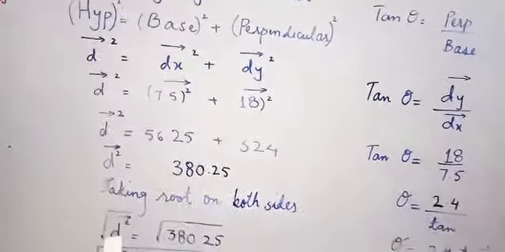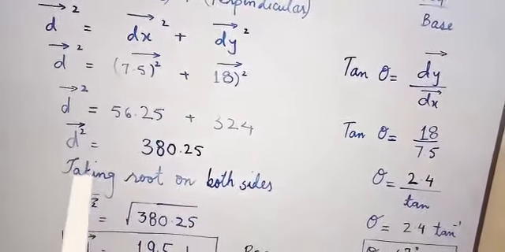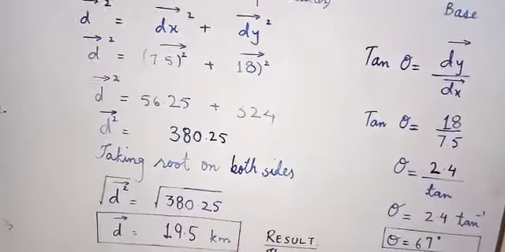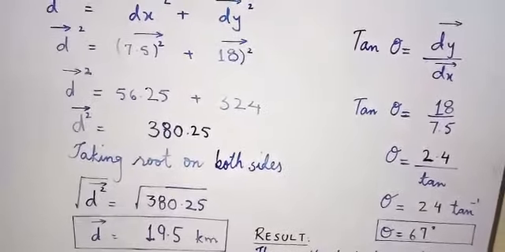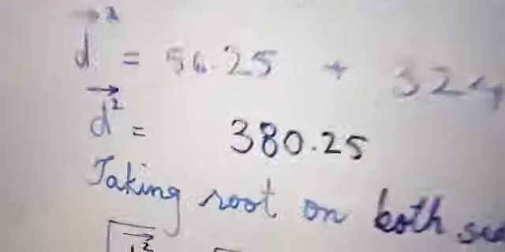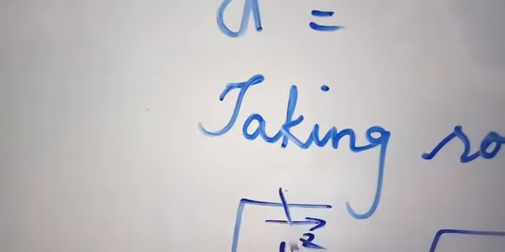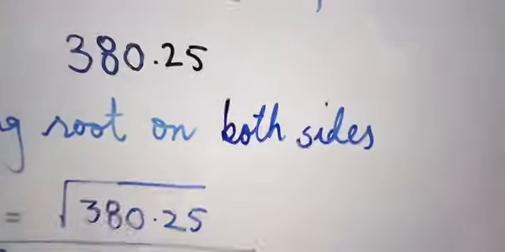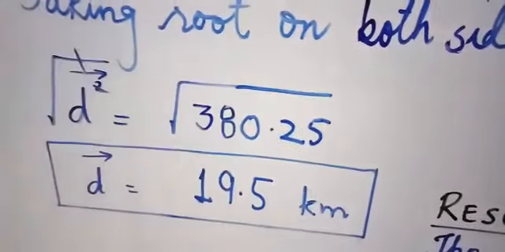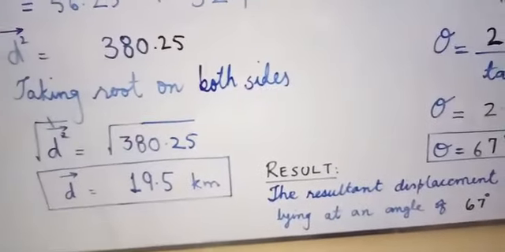The square root cancels the square, so we are left with the root of 380.25, which gives 19.5 kilometers, and I will show you this on the calculator as well.